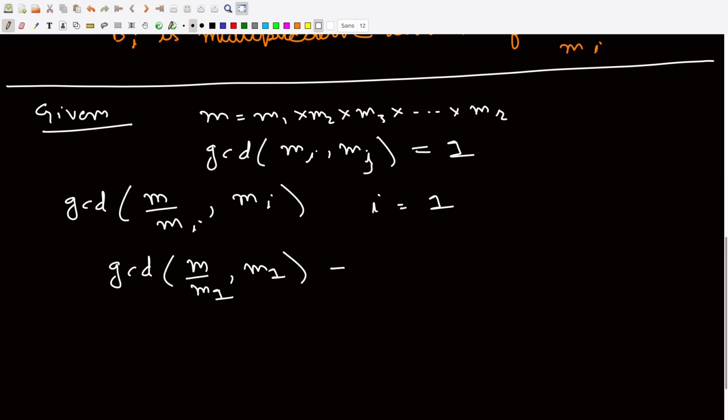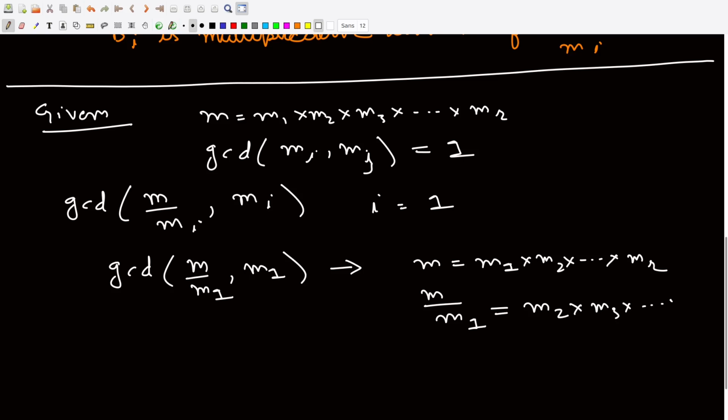Since m equals m1 into m2 into dot dot dot mr, and we are dividing by m1, m by m1 becomes m2 m3 till mr. So m upon m1 does not contain m1.